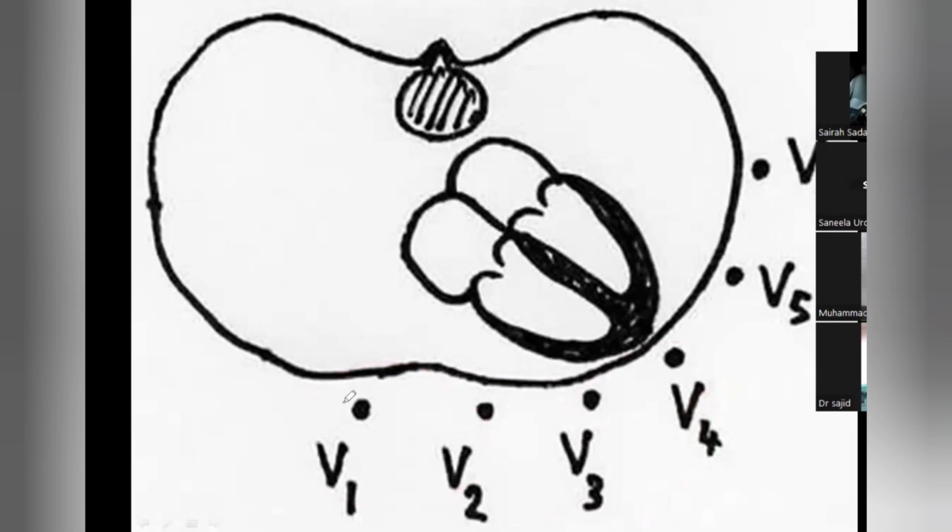Not only do they give you information about the right side, but they also give you information about the septum of the heart, meaning the electrical activity going on inside the septum. These will give you information about the anterior chest, meaning the anterior wall of the heart. And then V5, V6 will give you information about the lateral wall of the heart.